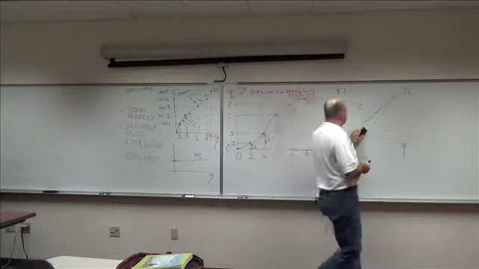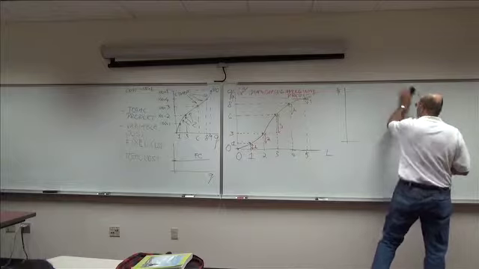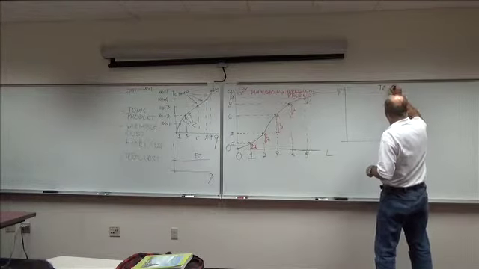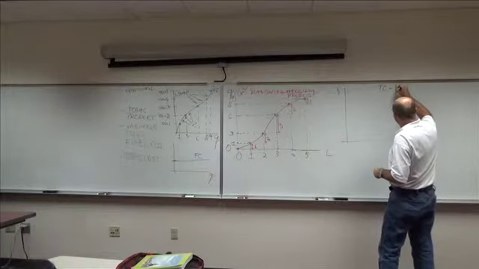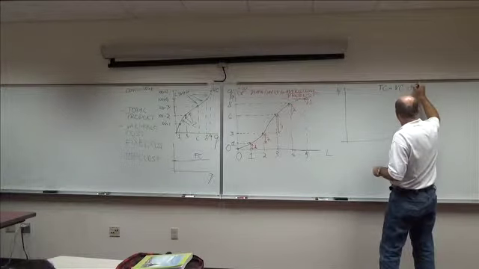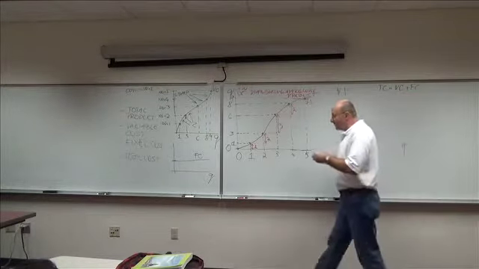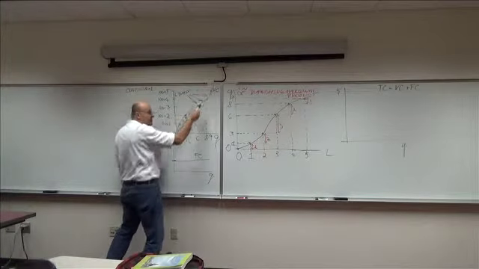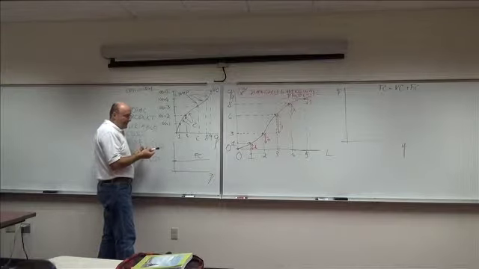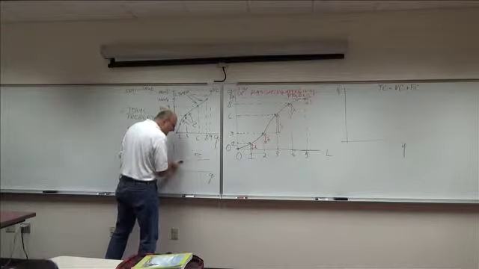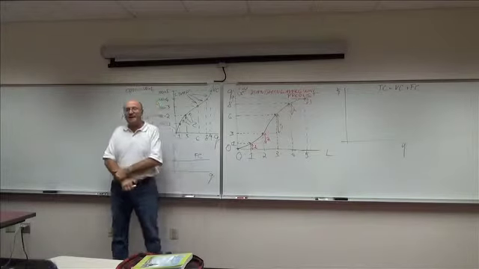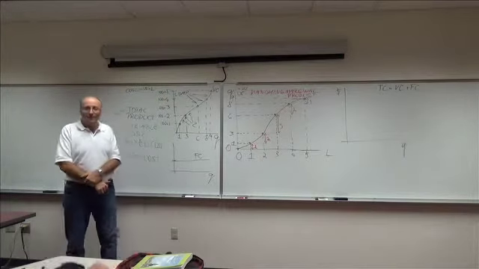So let me replace this with total cost, which is the sum of variable cost and fixed cost. Now my question is, if you add variable cost, the snake, and fixed cost, constant, what do you get? What kind of a graph is that going to be? What's it going to look like?